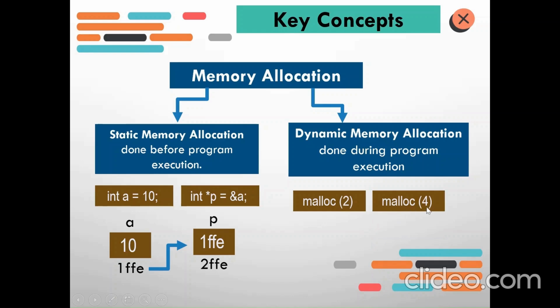So malloc(4) means allocating 4 bytes. Why am I writing 4? Here I am alluding to an integer declaration. Here I am alluding to a declaration of a float, which supposedly takes 4 bytes, right? But generally we don't allocate memory dynamically this way.